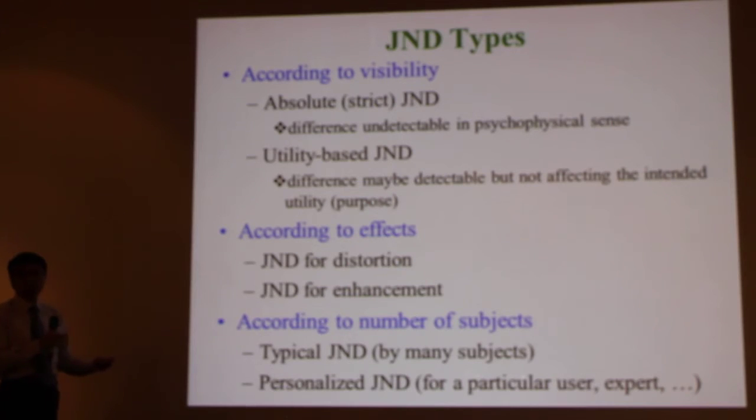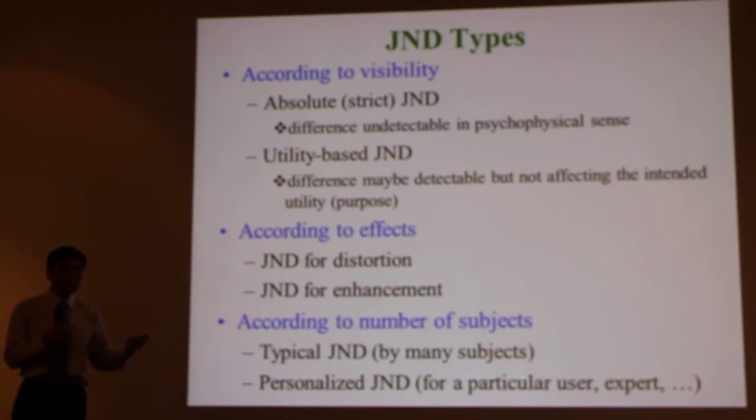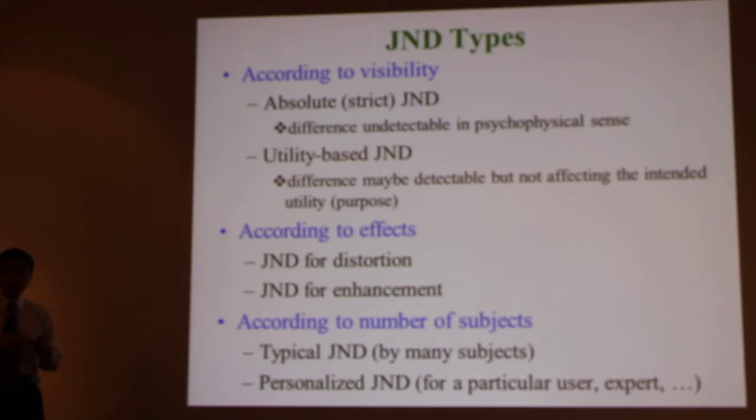According to the number of subjects, we may have a typical JND, that means from the measurement of many subjects, or we can do a personalized JND, because in many applications we need to model the algorithm for one particular user, one particular expert, one particular patient, etc.